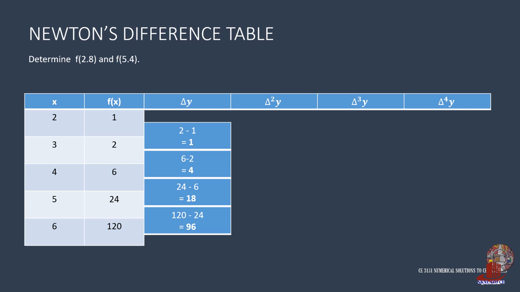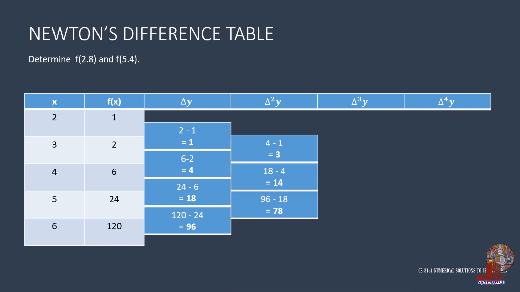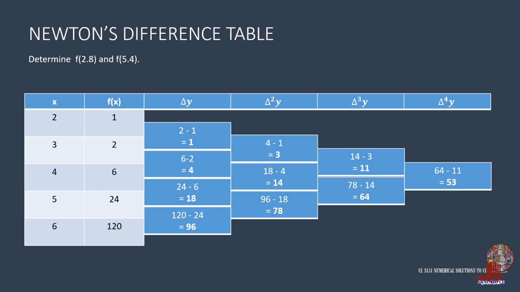Under the column for delta squared y, there are 4 less 1 as 3, 18 minus 4 as 14, and 96 minus 18 as 78. Then under delta cube y, there are 14 minus 3 as 11, and 78 minus 14 as 64.